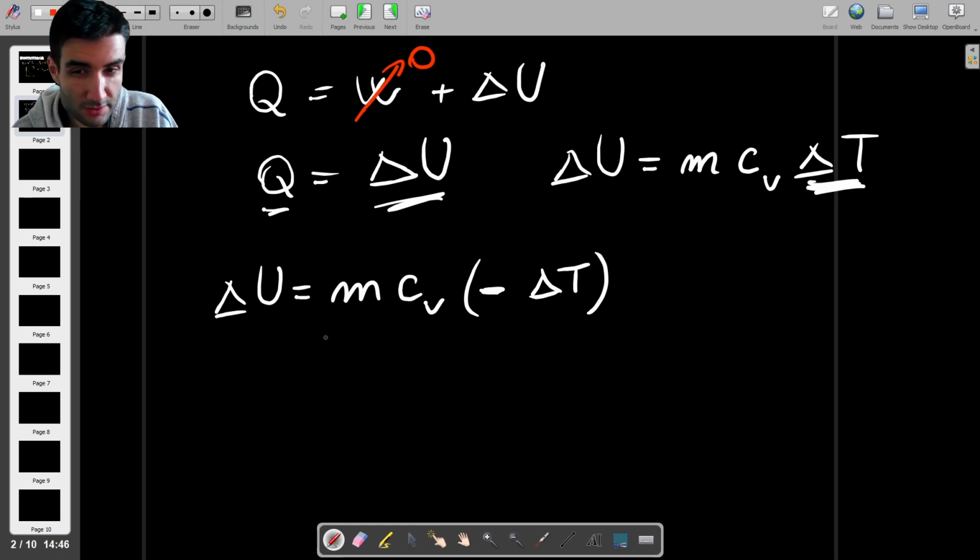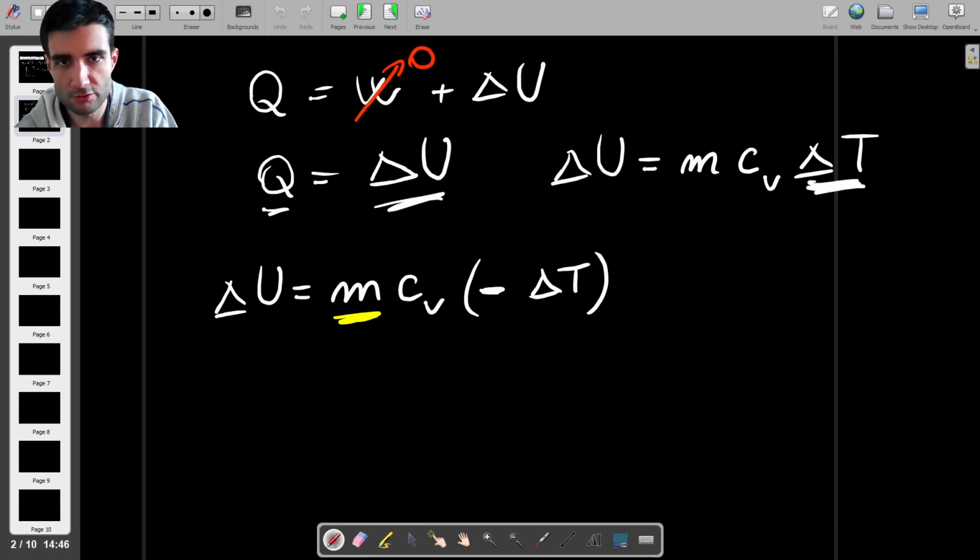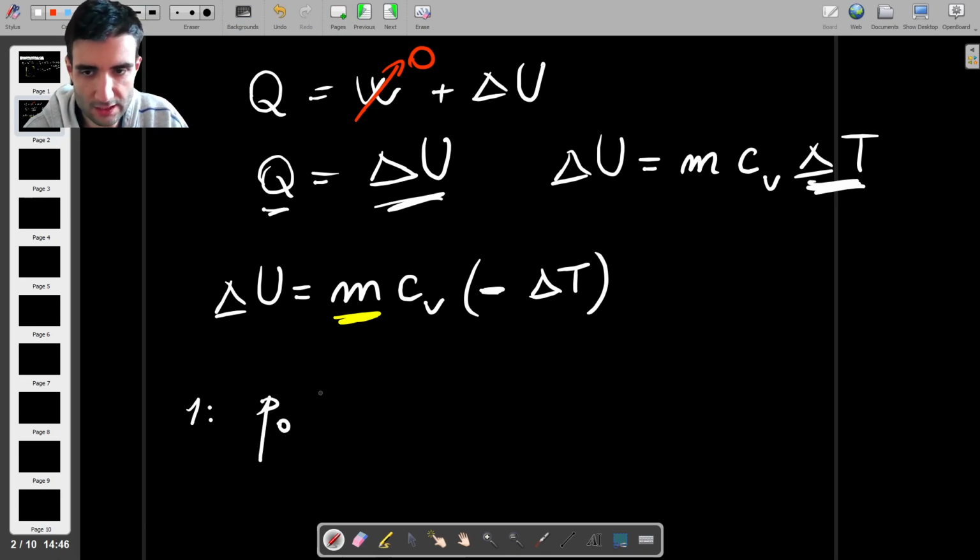Now, we don't know anything about the mass, but we can find an expression for the mass using the ideal gas law. In the first state, we have that P naught times V is equal to M times R times T naught.